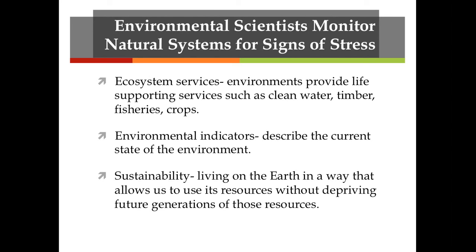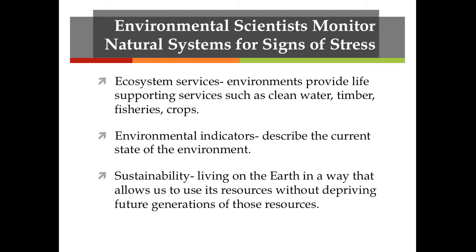Our natural environment provides what we refer to as ecosystem services, which are clean water, timber, fish, as well as crops. Although we often take a healthy ecosystem for granted, we do know when an ecosystem is degraded or stressed because it is then unable to provide us with the same services and produce the same goods that it was producing for us before it became damaged.